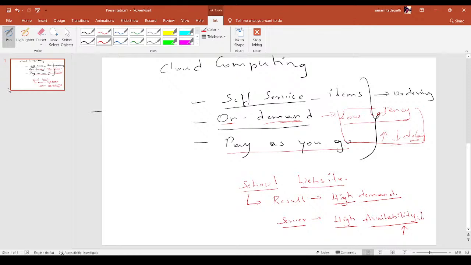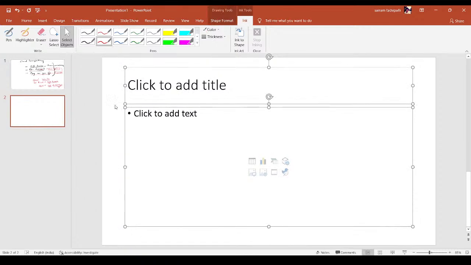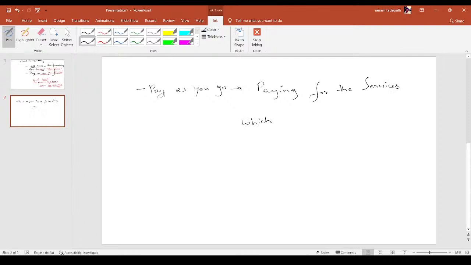What is the pay as you go method? Let's create a new screen here. The concept is pay as you go. In this method, we pay for the services which we used.